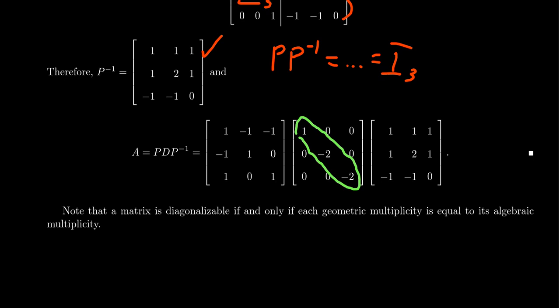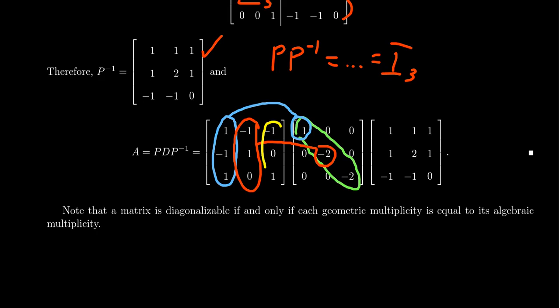The columns of P correspond to their eigenvalues. So 1, -1, 1 is an eigenvector for positive 1. -1, 1, 0 is an eigenvector for -2. And then we also get that -1, 0, 1 is an eigenvector for -2 as well.